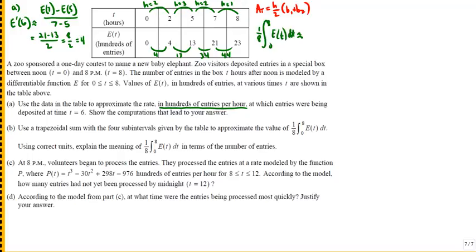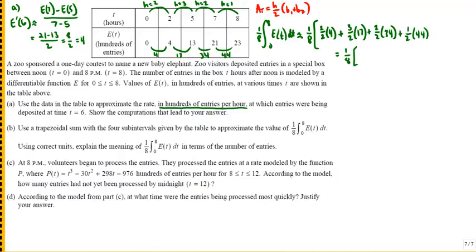And so we say 1/8 integral from 0 to 8 e of t dt is roughly 1/8, we can't forget that, and then it's going to be 2 over 2 times 4 plus 3 over 2 times 17, then 2 over 2 times 34 plus 1 over 2 times 44. So that's going to be 1/8, 4 for the first one, 25.5 for the second, 34 for the third, and 22 for the last.